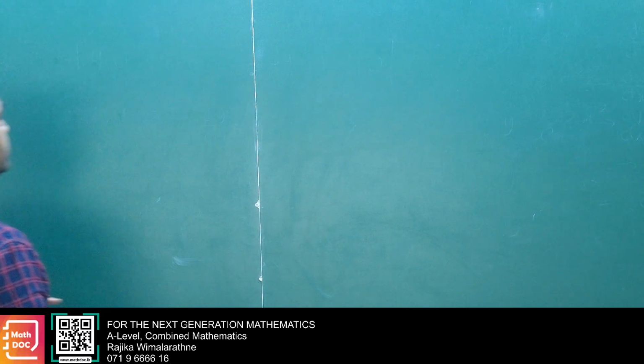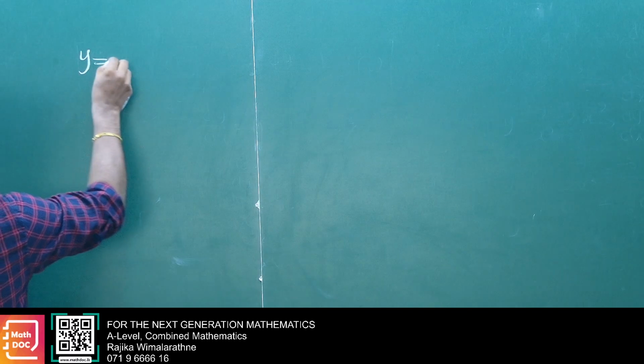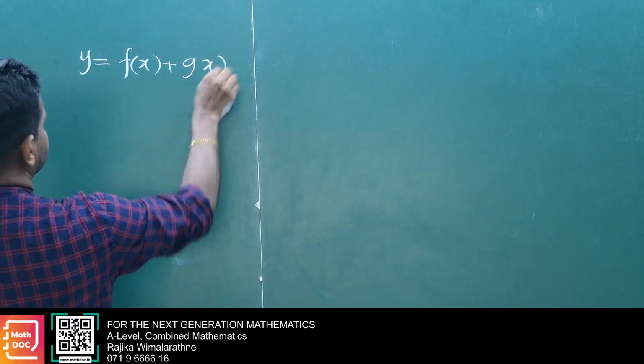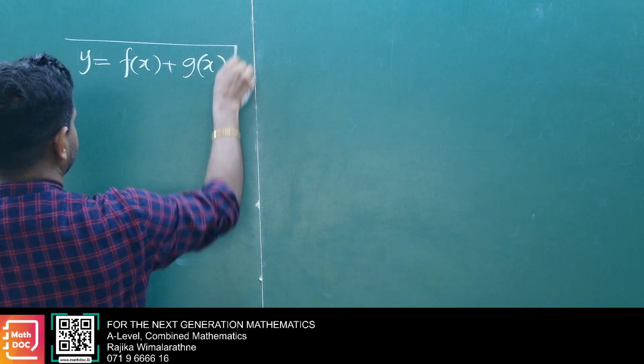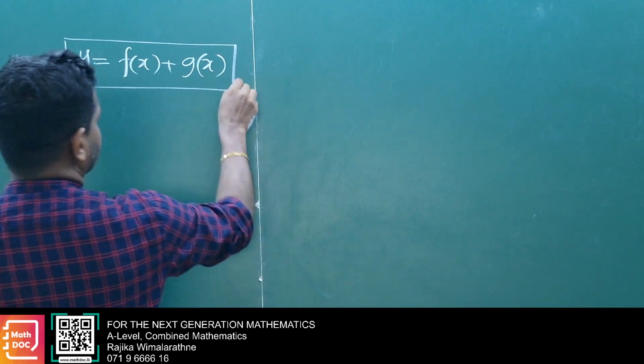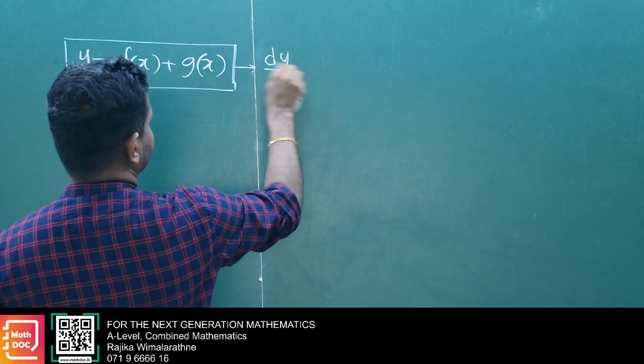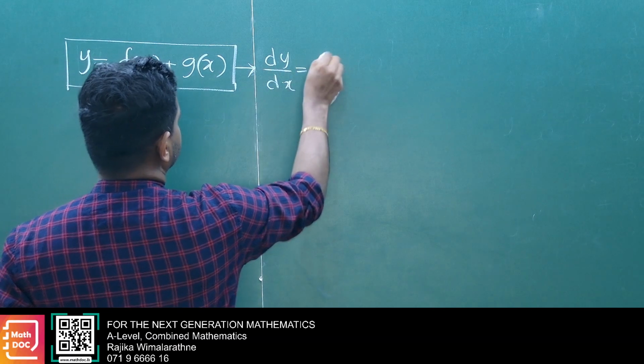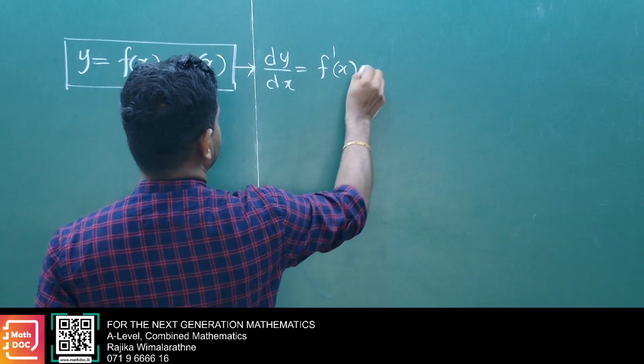Come to the next rule. Second rule, we call this the sum rule. y equal f(x) plus g(x), the sum of two functions here. Then we say derivative dy over dx equals f dash x plus g dash x.